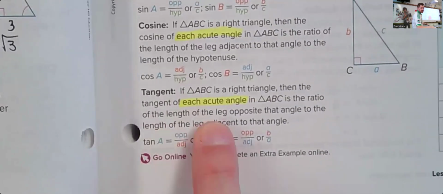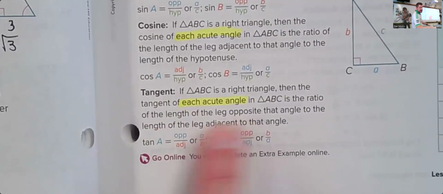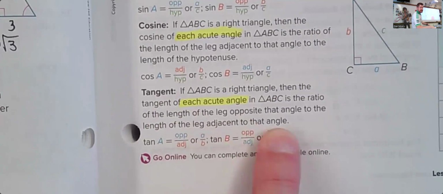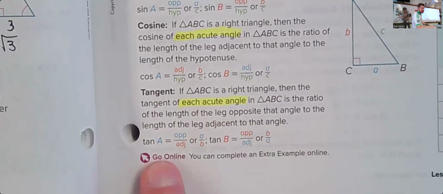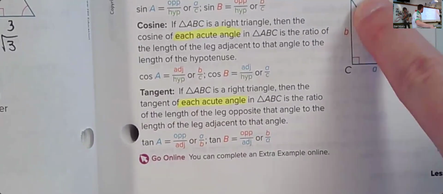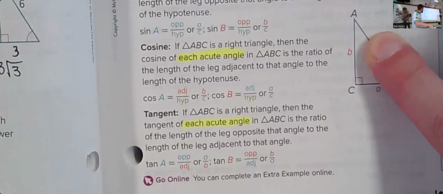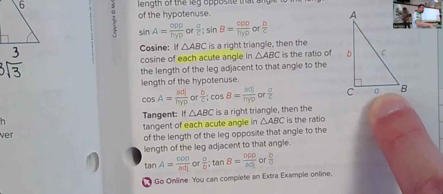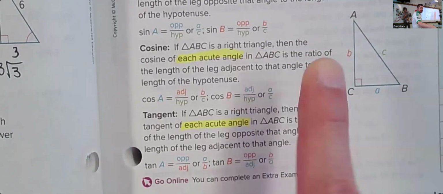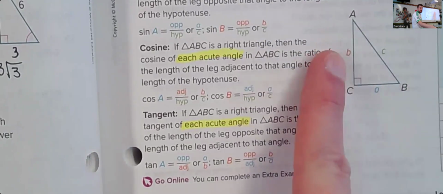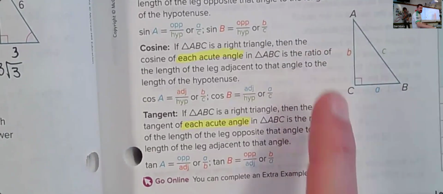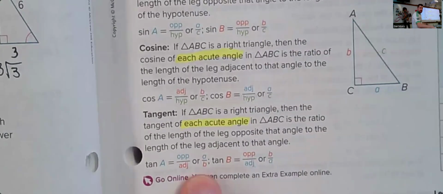This is the ratio of the leg opposite to the leg that is adjacent. So for example, if we're looking at the tangent of A, you look at the side length across from it, the opposite side, which is side A, over the side adjacent, B. So the tangent of A is going to be A over B, right here.